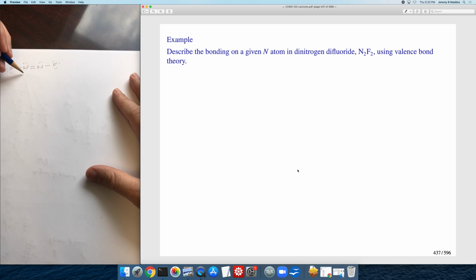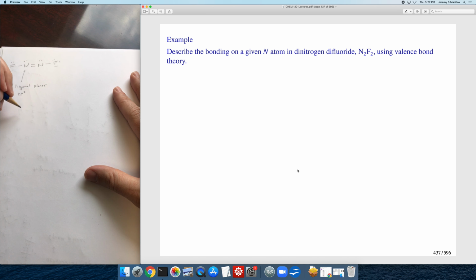So each of these nitrogens is going to have a trigonal planar structure, which means they involve sp2 hybridization.